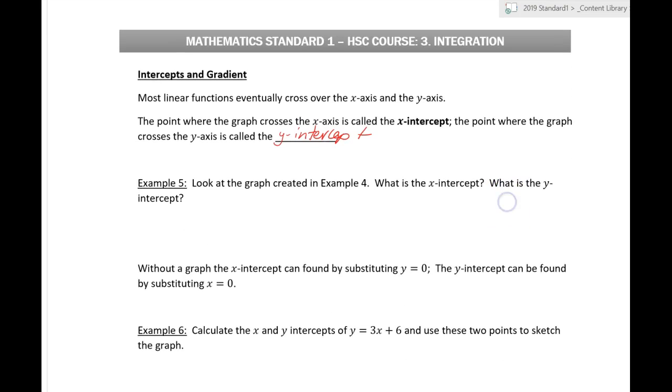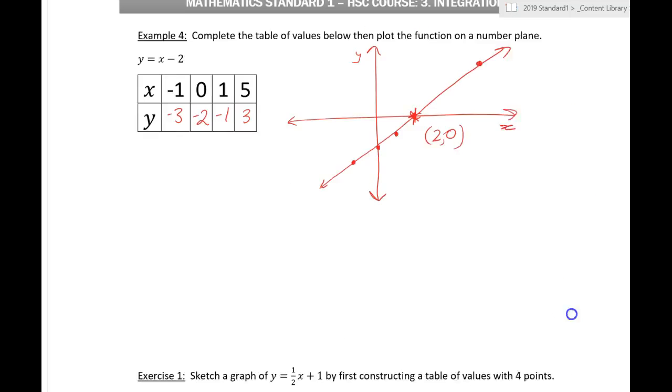Let's come down here and write this. X-intercept 2, 0. My y-intercept, let's have a look and see if we can read that off.